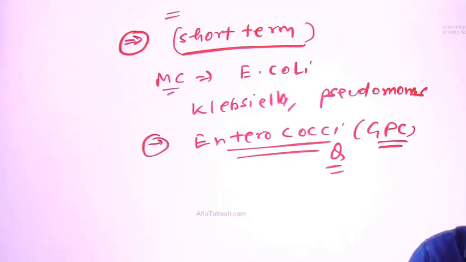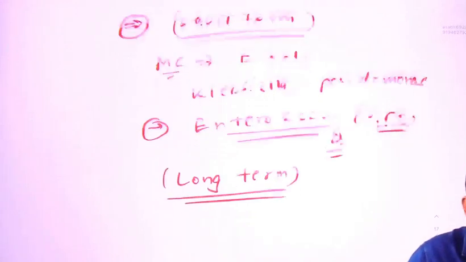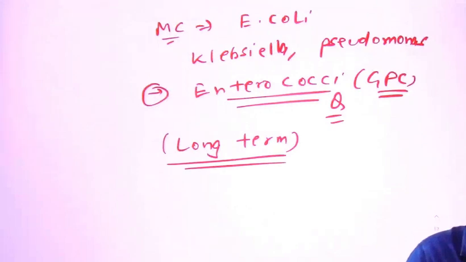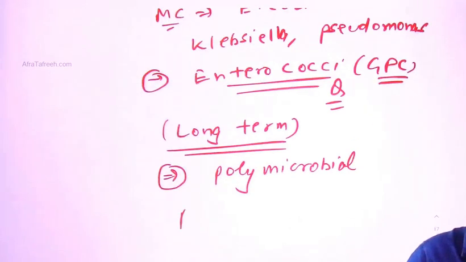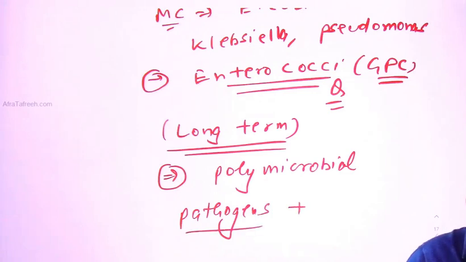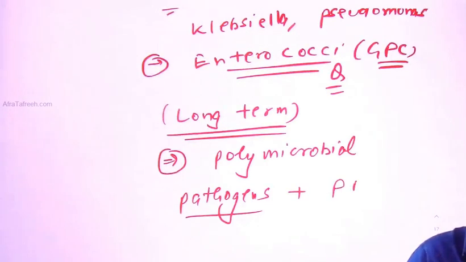Now, if a patient is catheterized for a very long time, that is long-term, mostly the organisms which turn out in the nosocomial setup are polymicrobial. The pathogens which are there in the short term are still there, and along with them, these 3 also add up. What are the 3 names?